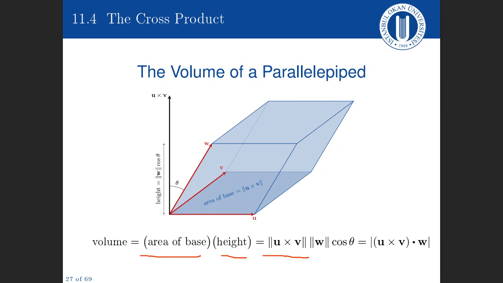We've talked about that, and that's norm of u cross v. For the height, we use a little bit of trigonometry. The height must be norm of w cos theta, where theta is the angle between w and u cross v. But of course, that's just the same as the absolute value of u cross v dot w. It's the absolute value of the scalar product of u, v, and w.